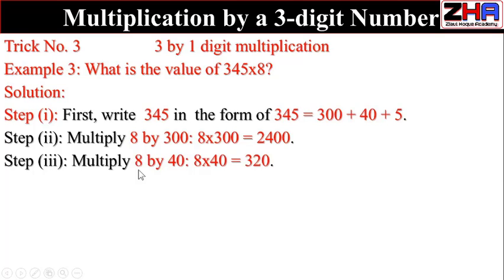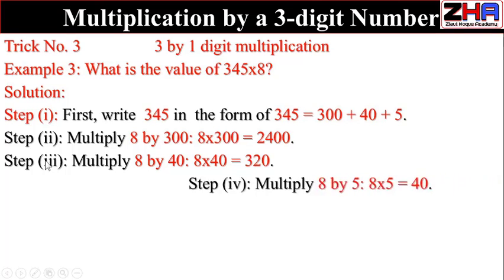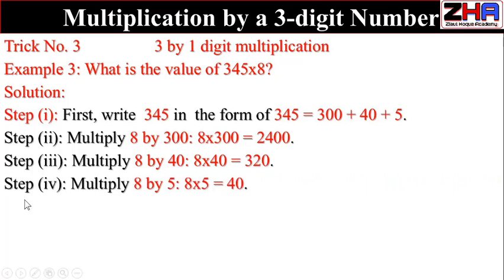Step 3. Multiply 8 by 40. We have 8 into 40 is equal to 320. Step 4. Multiply 8 by 5.